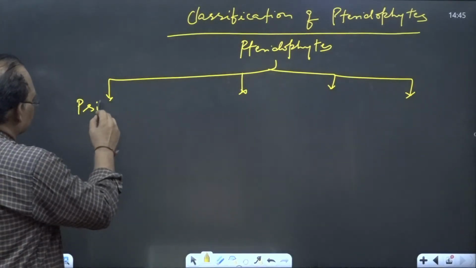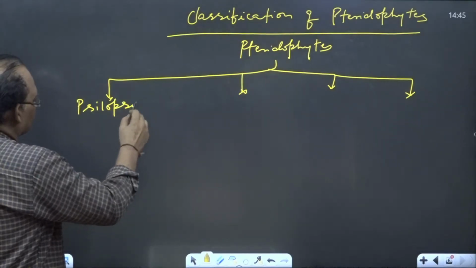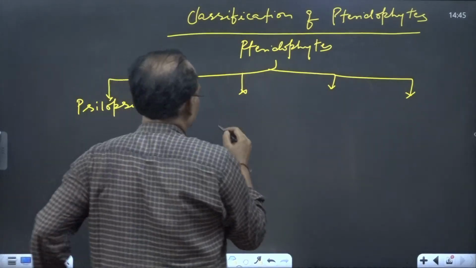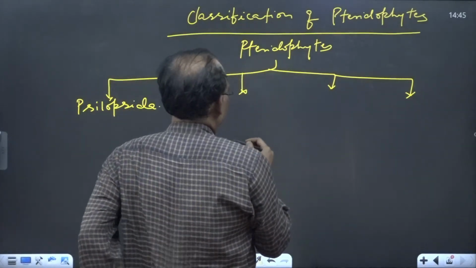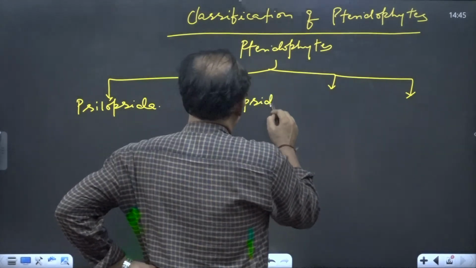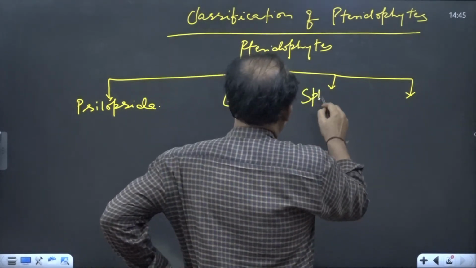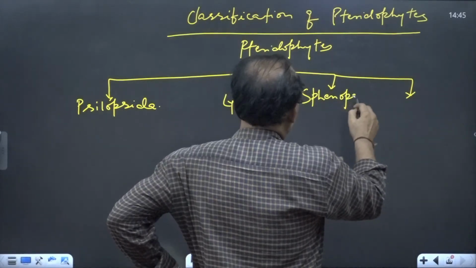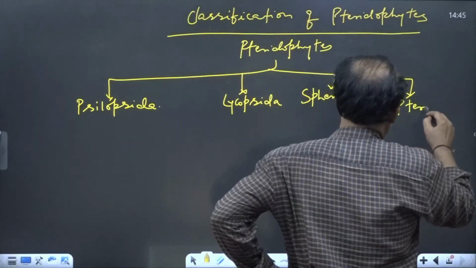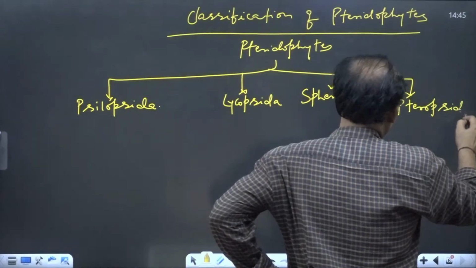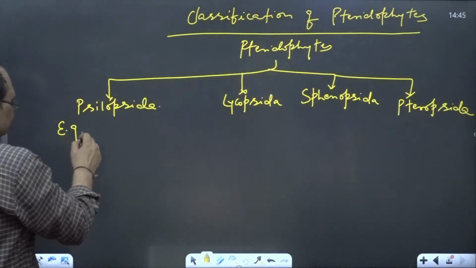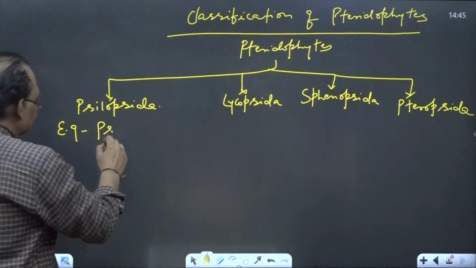Psilopsida, then Lycopsida, then Sphenopsida, and Pteropsida. So these are the different classes. In this one, the example is Psilotum.